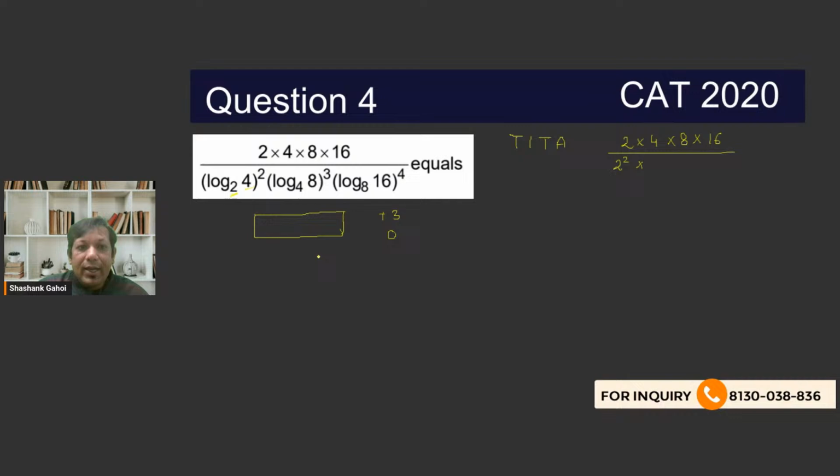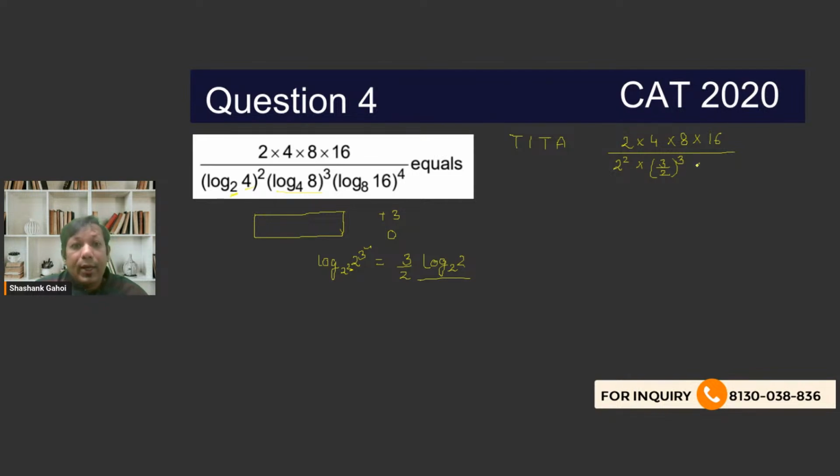So basically, I am going to write it as 2 cube, 2 square. Whatever this power is, this power goes in the multiplication outside, this power goes in the denominator, and then I'm going to get base 2. This becomes 1. So basically, this is going to be 3 by 2 whole power 3.